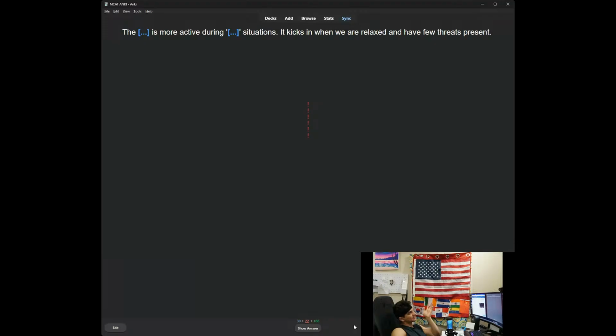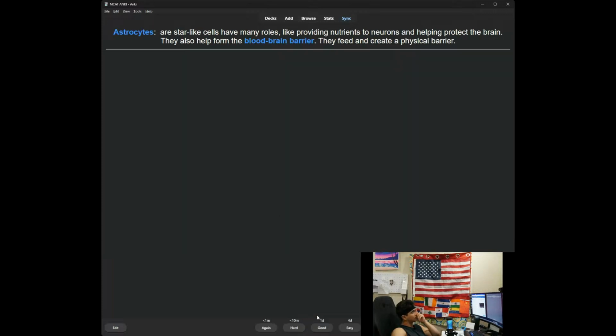Parasympathetic, more in relaxed situations. Star-like cells, those from the BBB, astrocytes, they create the physical barrier.